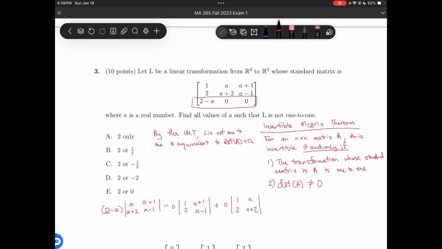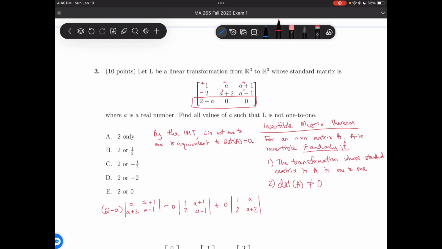And one important fact here is that while we are multiplying out these cofactors, we need to consider the sign. So I like to think of it as a diagonal.